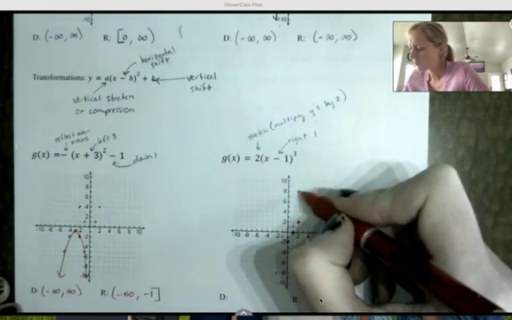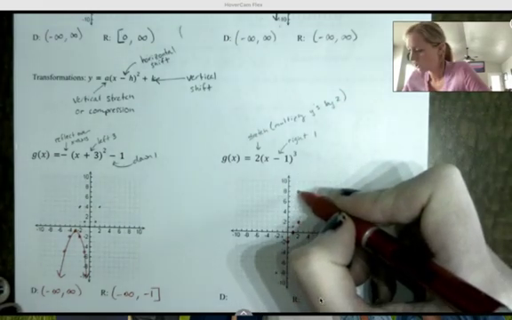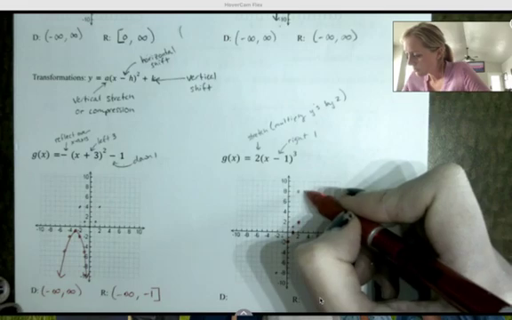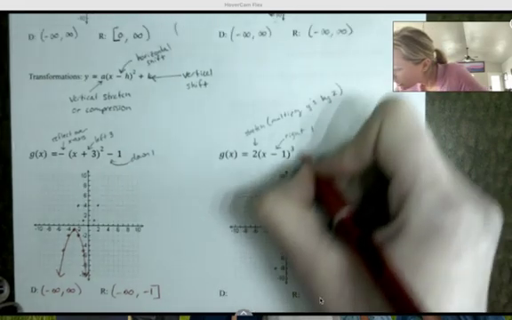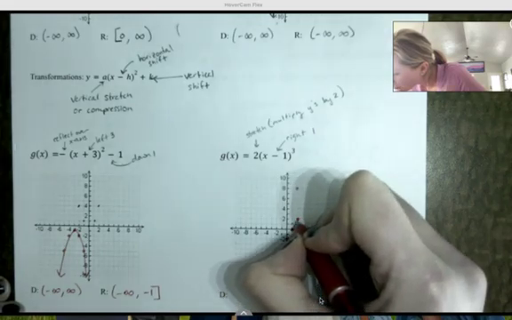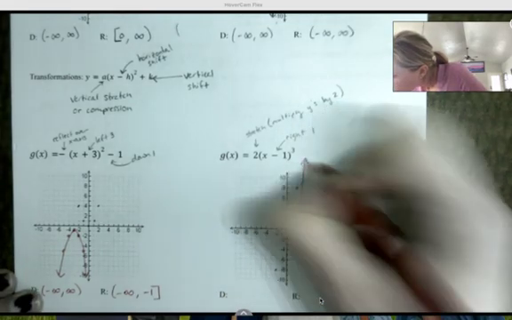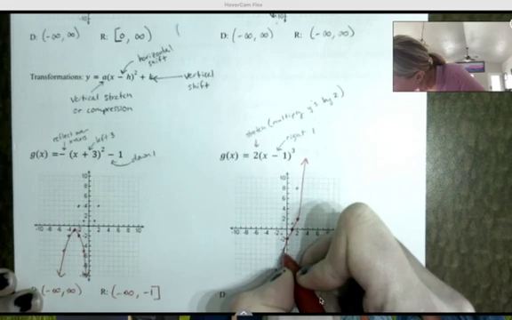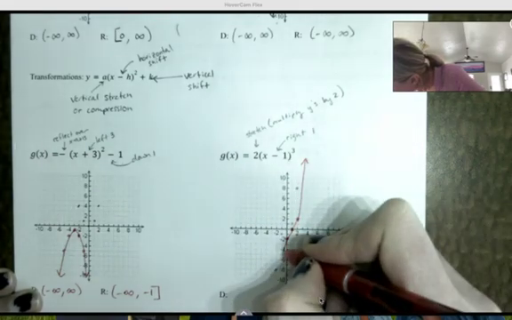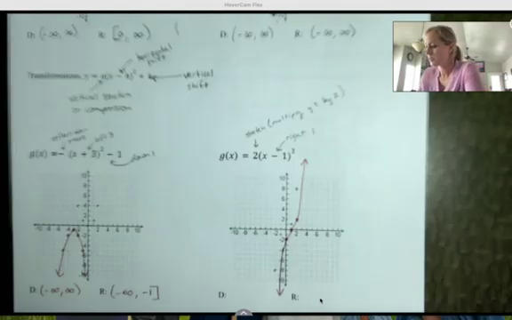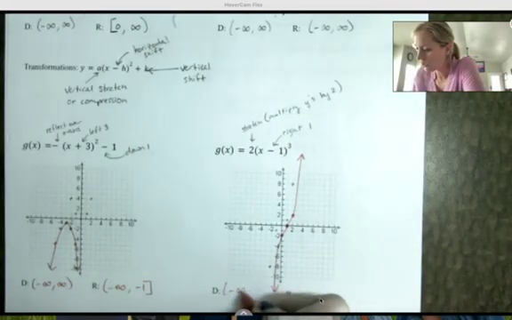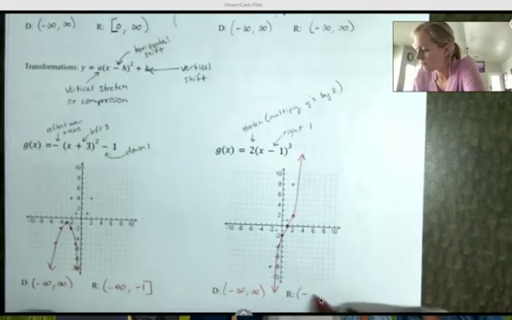These ones I don't think I'm going to be able to fit because multiplying by 2 is going to change it drastically. So right 1 multiplying by 2 would put it way up here. So these are really, really steep. Okay, so my domain and range here is still all real numbers.